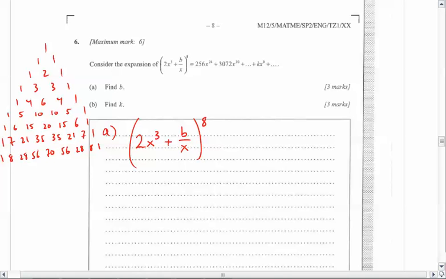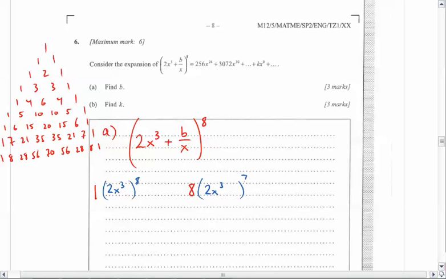So those numbers are going to be the coefficients of the expansion. And it looks like I only need to include 2 terms for now. And then what I do is I just take the first term, 2x cubed. That's going to come on every term. And I'm going to start with 8 of them.